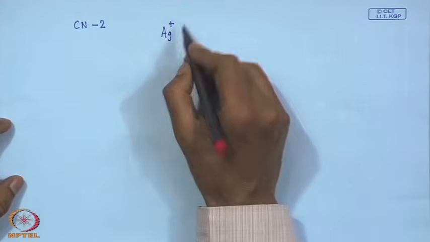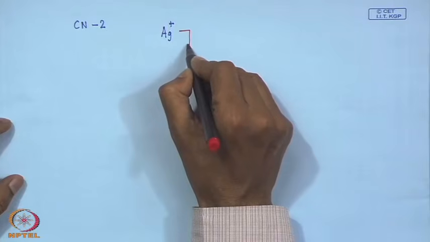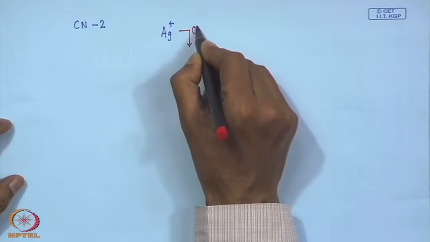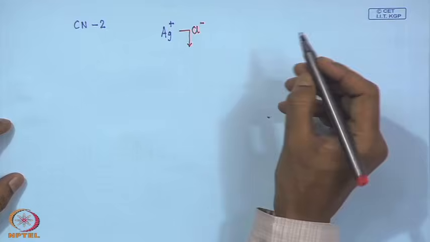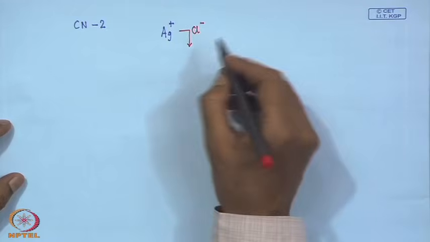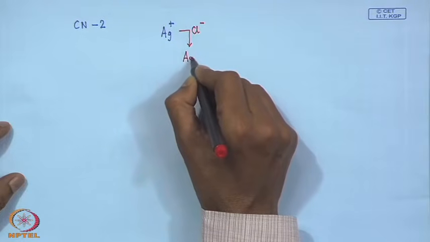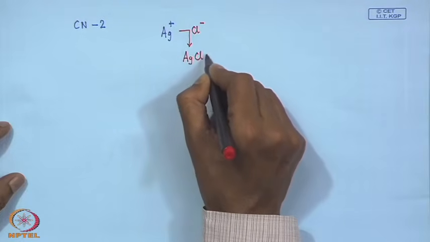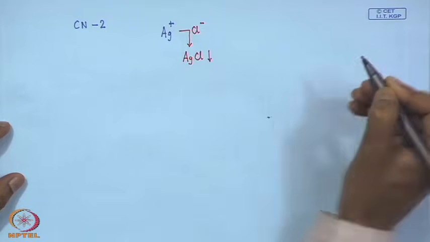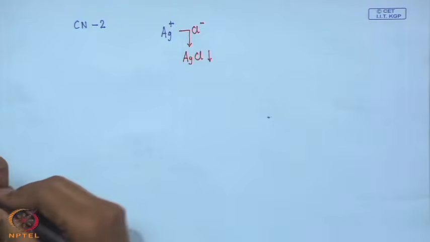So, when we have unknown chloride in the system in any form, we add silver nitrate, the aqueous solution of silver nitrate as the reagent, and we get silver chloride as the precipitate in the medium.